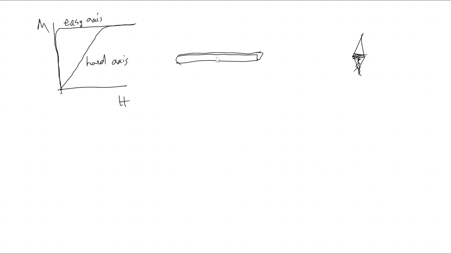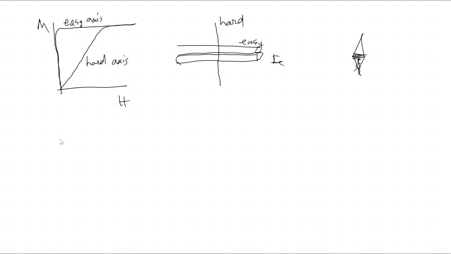If you take a needle made out of steel, a needle made out of steel somehow magnetizes on its own. So if you take a ferromagnetic wire, let's say out of iron or something else, then this would be the easy axis for it. And that would be a hard axis.